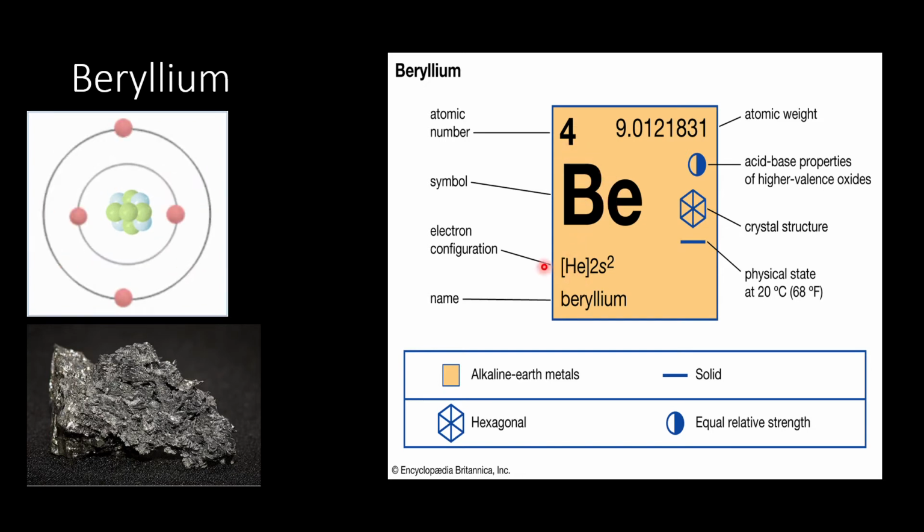That means it has the electronic configuration of 1s2 and 2s2. From this electron configuration, we can know that beryllium is a group 2 element. In this lesson, we want to learn how beryllium can have different behavior compared to other group 2 elements.